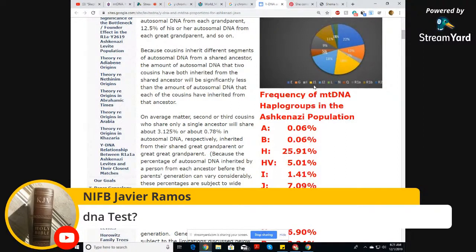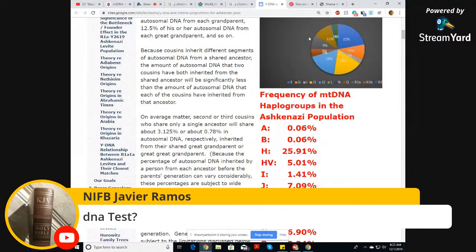But again, we have the J1, the J2, and the E, and the R's, and the R1, the R1A, R1B, to be the Japhethites.